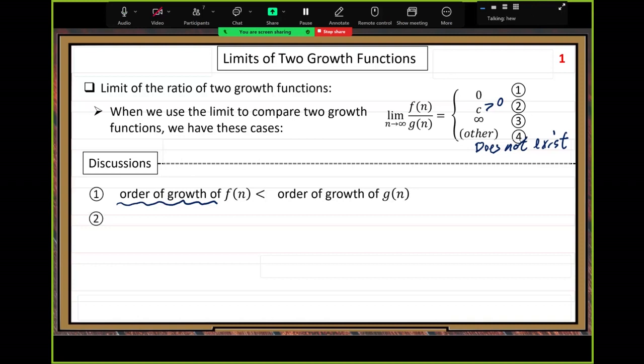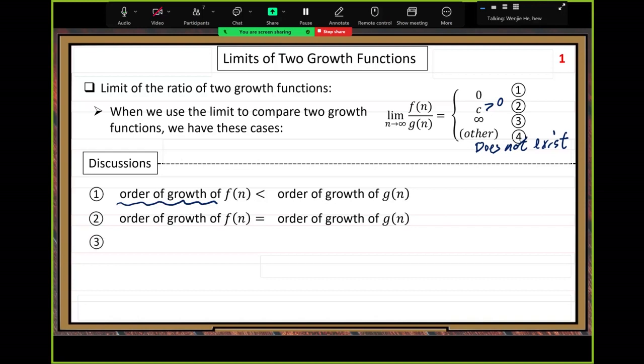Case 2, constant C. Remember, if the ratio is a constant C, these two functions should be placed in the same category. If they are in the same category, can we say they have the same order of growth? Right, because same category. So we define that they have the same order of growth.